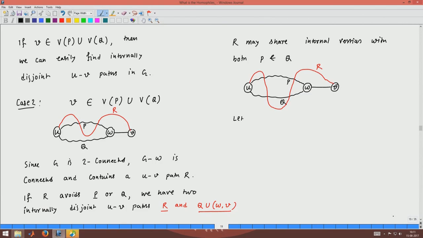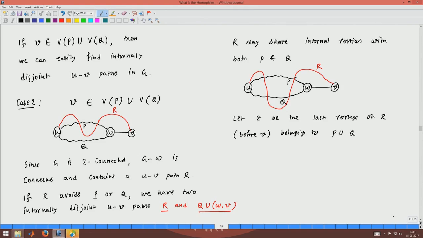Let Z be the last vertex of R before V belonging to P union Q. Okay.